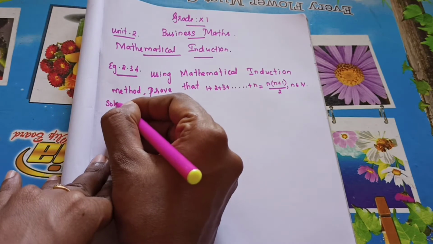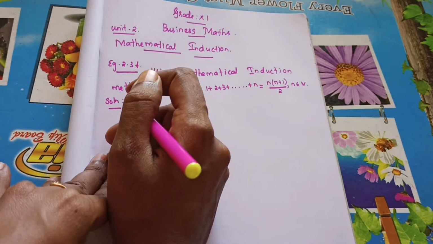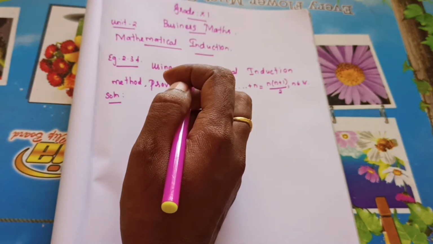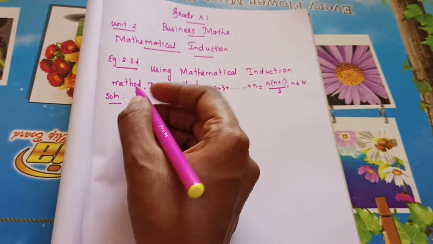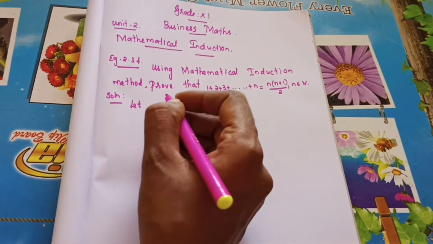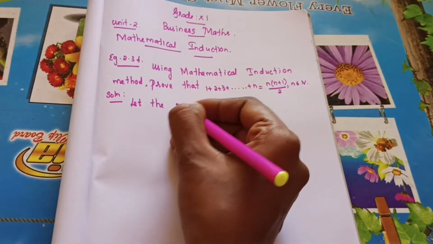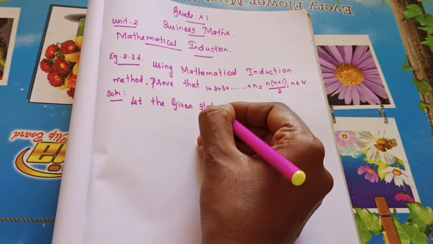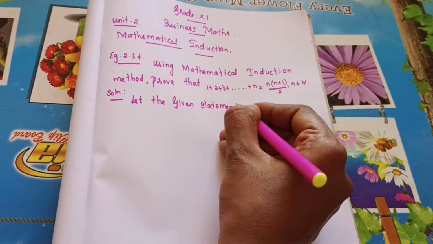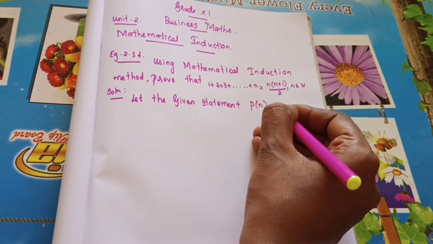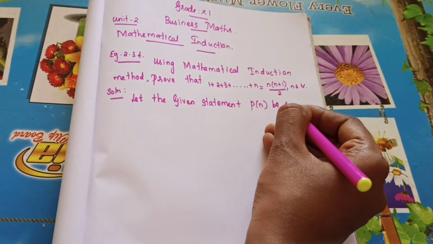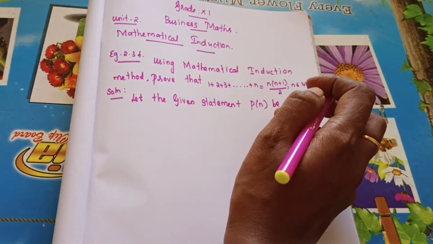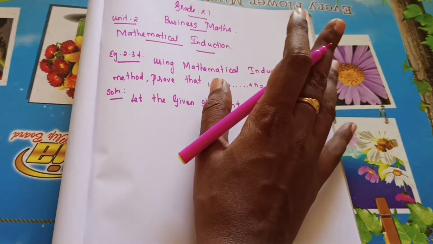Here, for each and every step, they will allot marks, so steps are very important. Whenever they give a statement in the question, you need to assume the statement as P of n. This step is common for everything. That is, let the given statement P of n be defined as, we are going to assume the given statement is P of n.